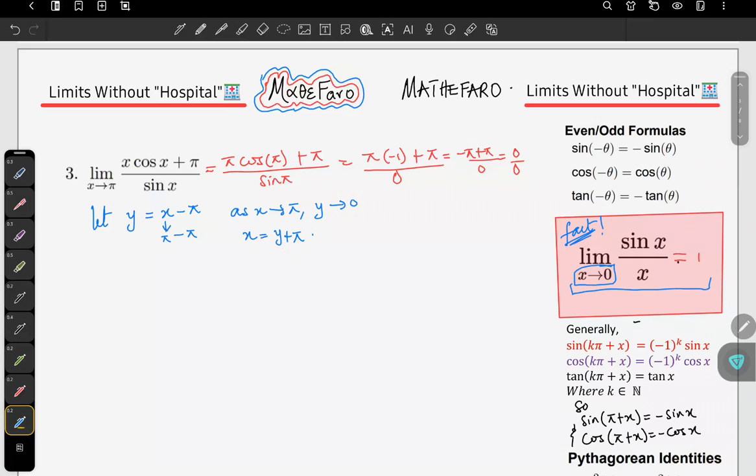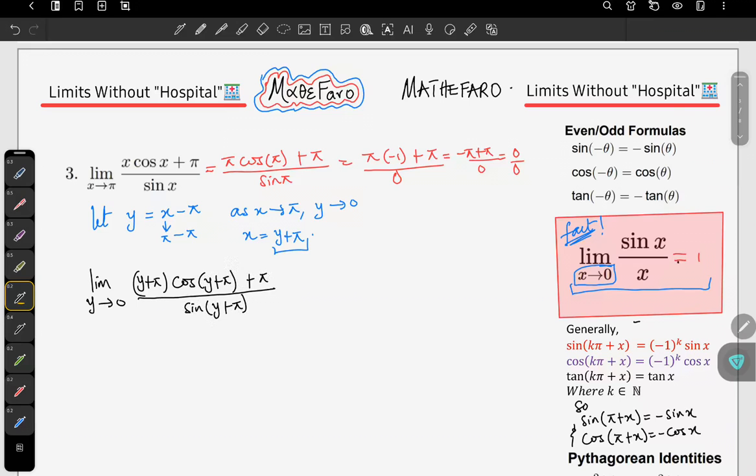So we can replace all the x's in the expression with y plus pi. So our function changes to the limit as y goes to 0 of (y plus pi) times cosine of (y plus pi), all over sine of (y plus pi).